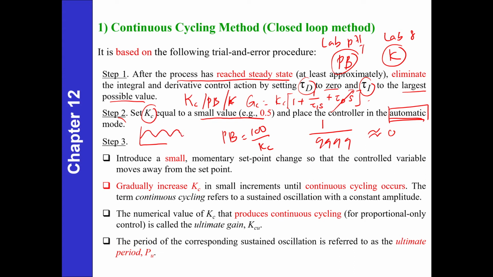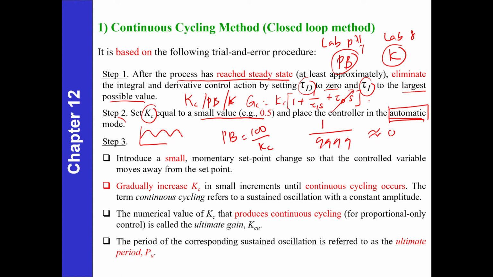Some of you asked me why we have to wait until sustained oscillation. It's a hard question for me to answer, because this is the step and we have to follow the step. In real detail, why a sustained oscillation and not overshoot is really process control theory that I don't think you should think too much about.